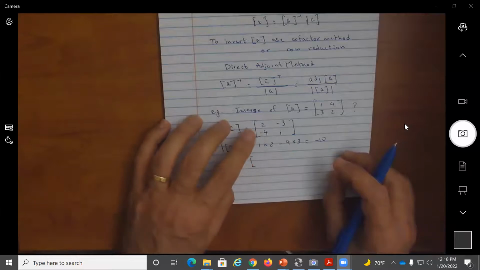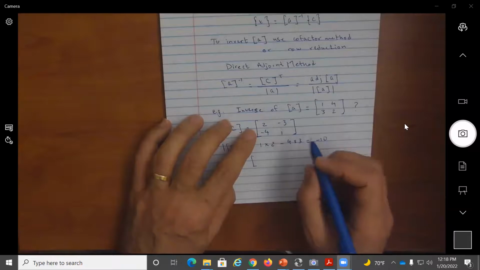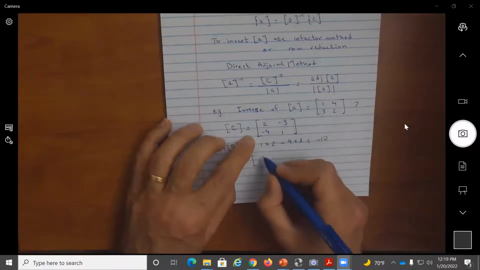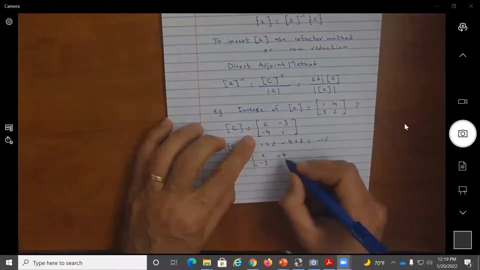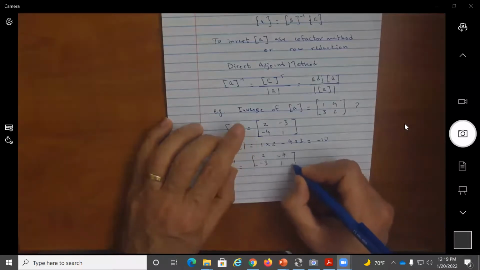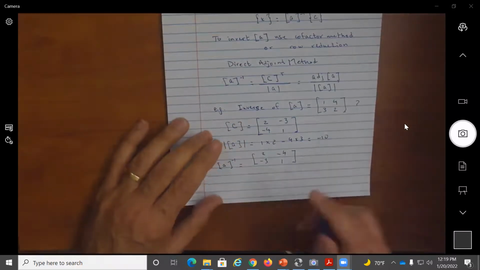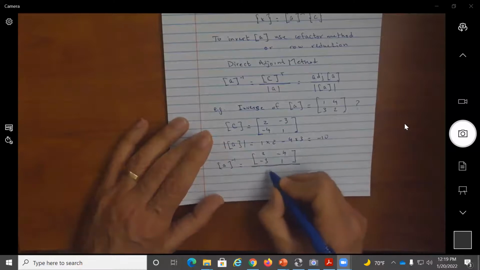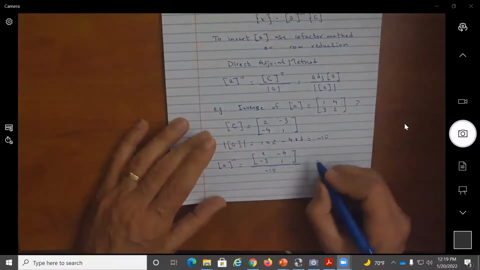Yes. Right. So if we want to transpose C, I should get 2 and minus 3 and minus 4 and 1. And we should divide this by minus 10, based on the formula.